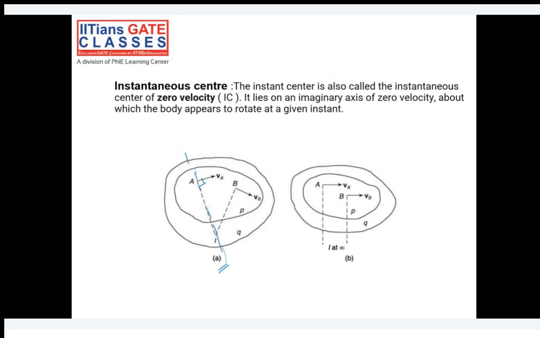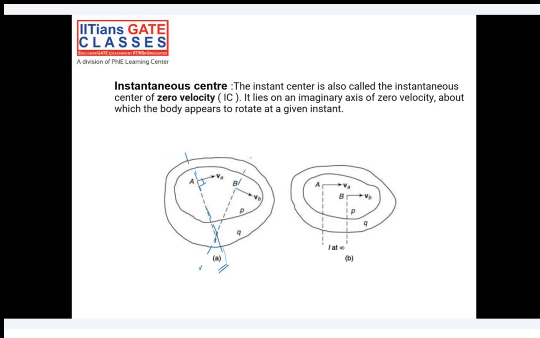Okay, similarly, now if I draw perpendicular to VB at point B, it looks like the link is rotating about some point on this line.